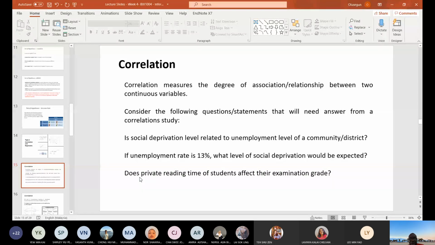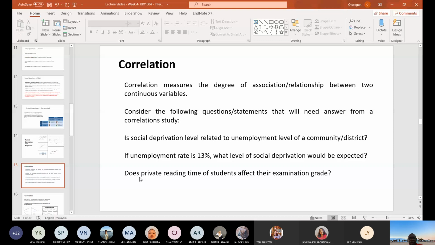Or if you are socially deprived, does that lead to no employment? So we can get the level of unemployment and deprivation. If unemployment is 13%, what level of social deprivation shall we be expecting? So this can be done through correlation.